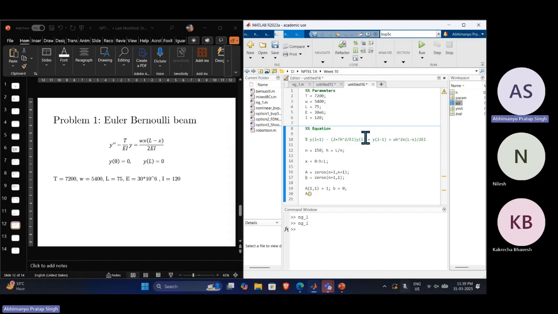Similarly, for the end one, we get 1, and for B also it becomes 0. We can see this from this equation itself.